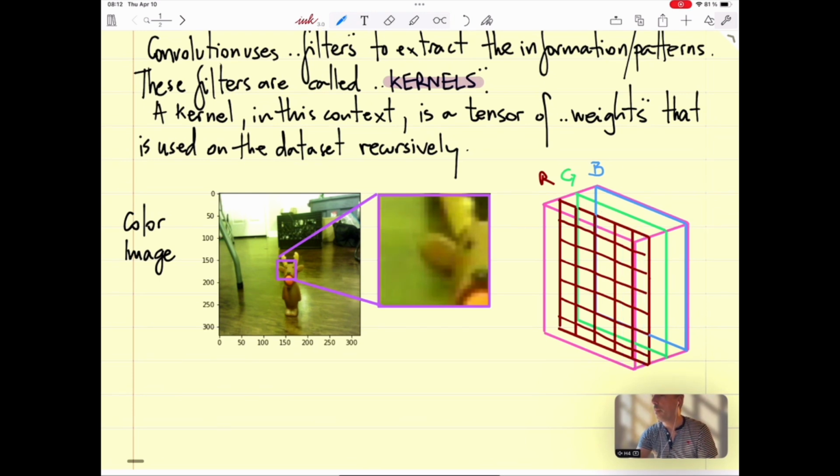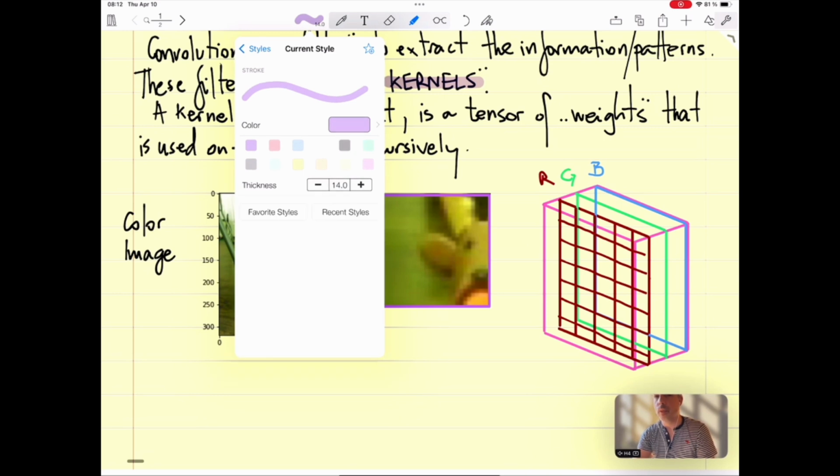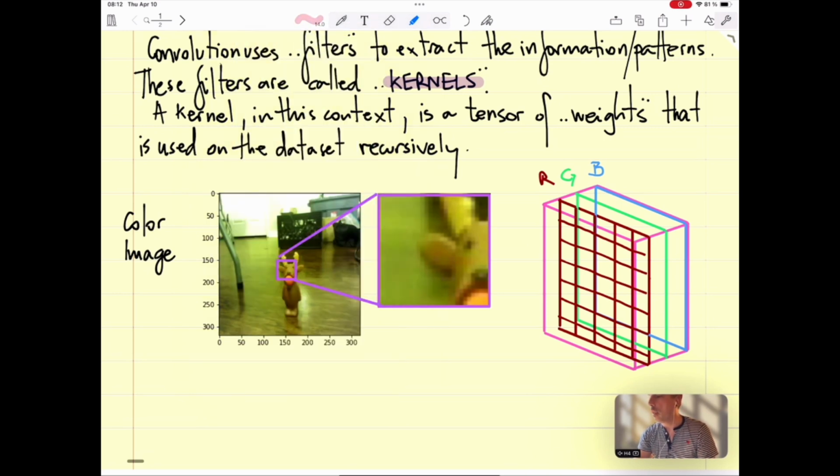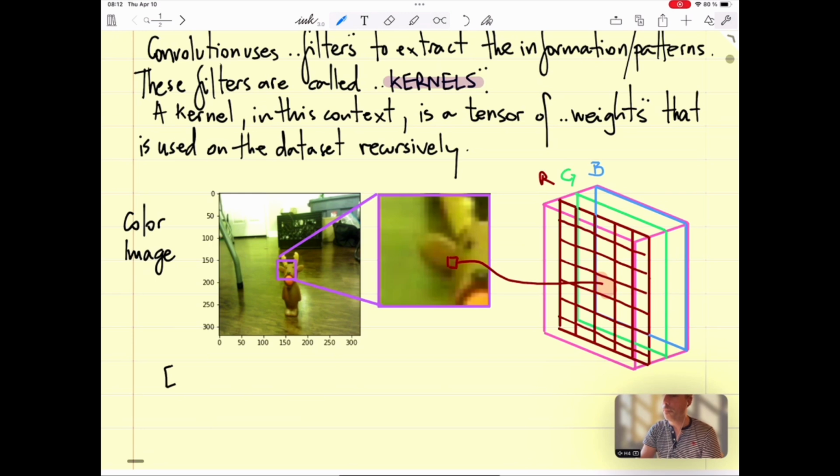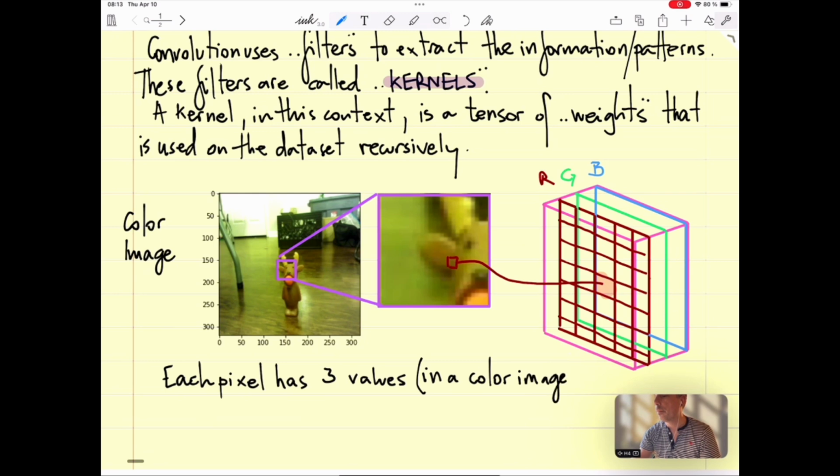So this here is like the pixel located here. Each pixel has 3 values in a color image.